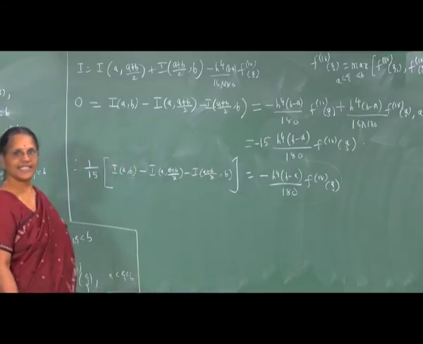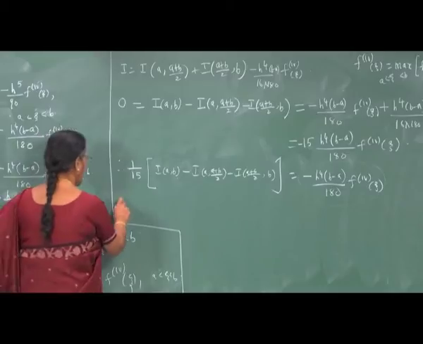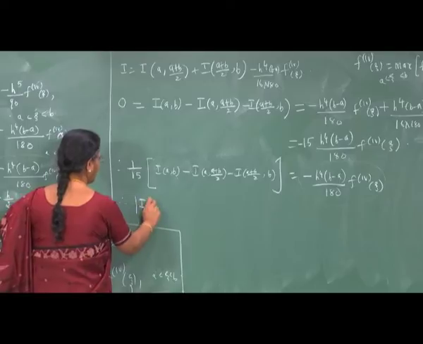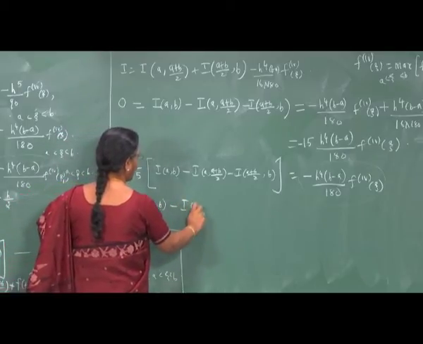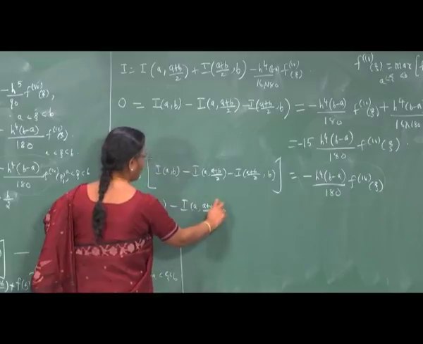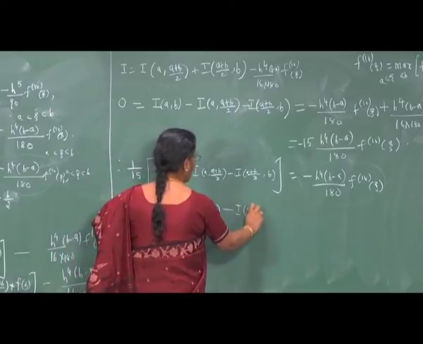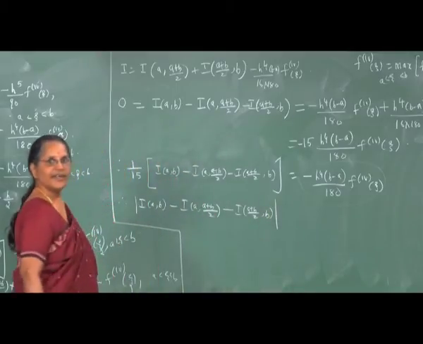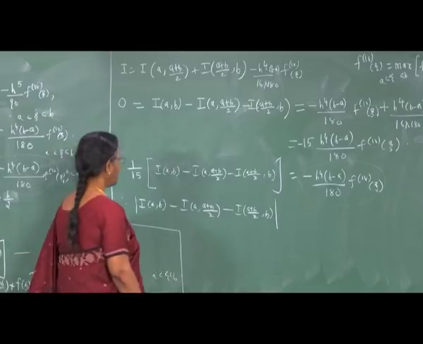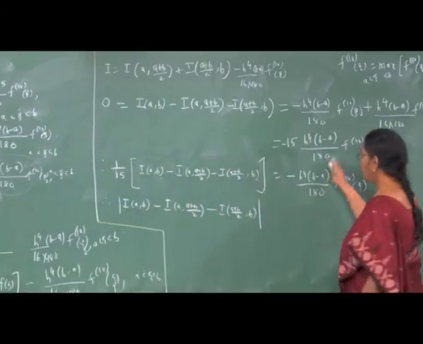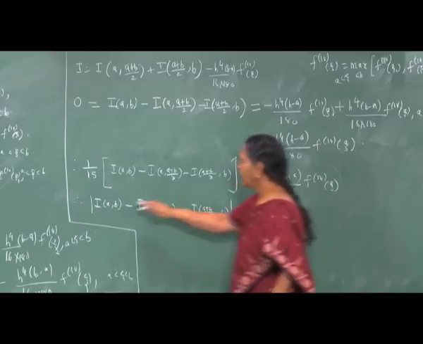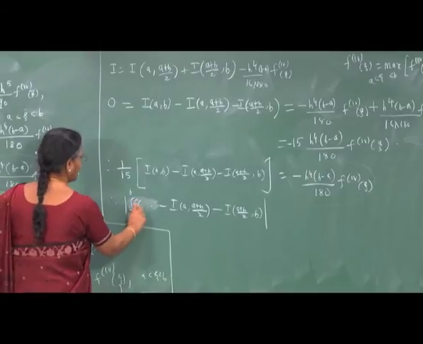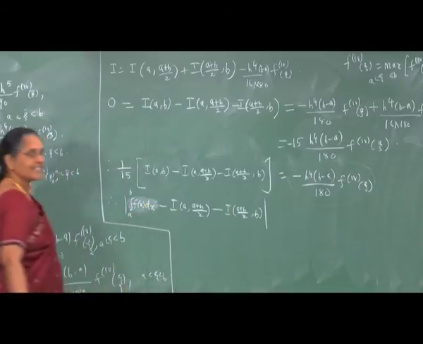That is what this step says, and therefore we have the absolute value of the difference between I of a b and I of a comma a plus b by 2 plus I of a plus b by 2 comma b. This difference in absolute value is going to be what? Or I can replace this I of a b by the integral itself, integral a to b f of x dx.